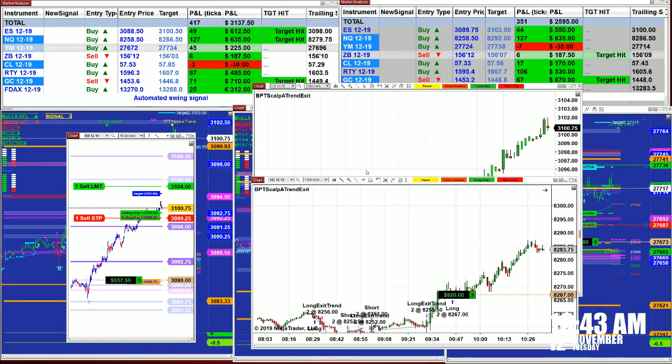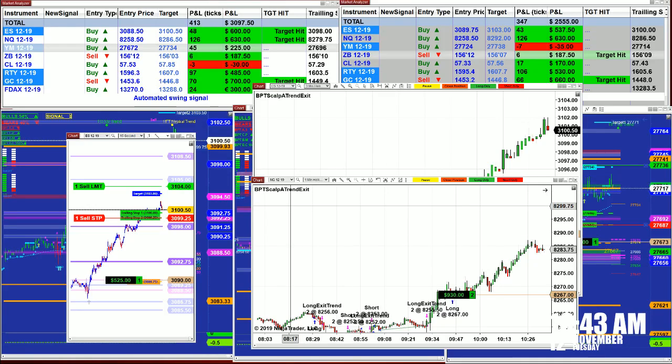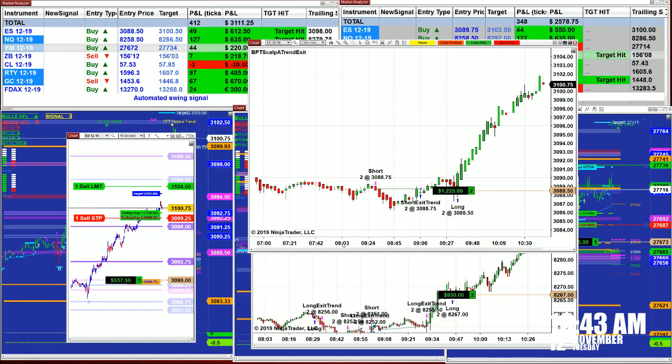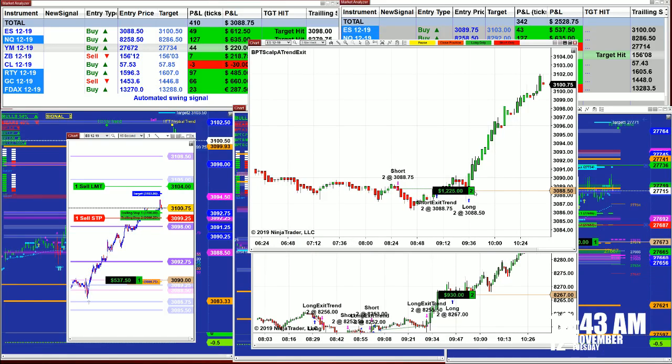And this is really amazing. And I don't have room for it, but this is really nice. So if we look at the ES, it did the spike for today from 3088.50 to 3100. It's finished, it's over.